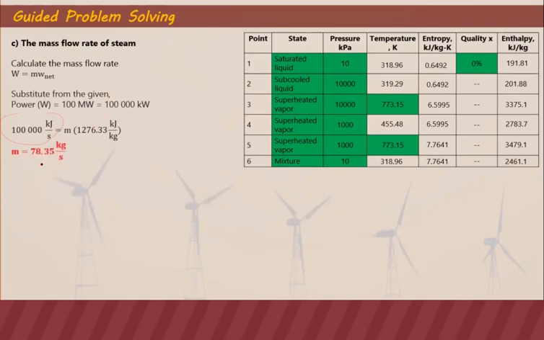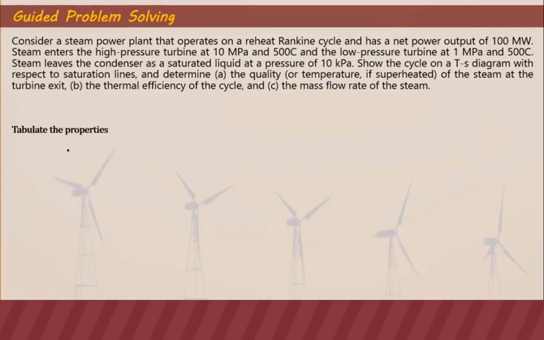Our mass flow rate is 778.35 kilograms per second. So those are the different quantities needed for this problem if we have an actual cycle with isentropic efficiencies of the turbine and the pump.